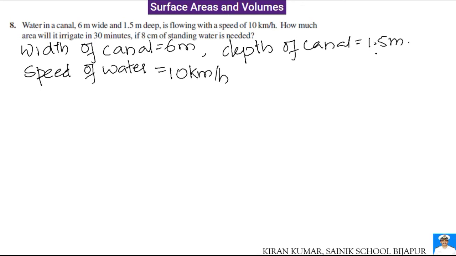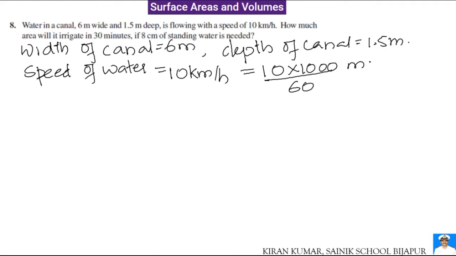Very important thing is the width and the depth is given in terms of meter. So I need to convert this kilometer per hour as in meter per minute. So 10 multiplied with 1000, because 1 kilometer is 1000 meter, divided by 1 hour is 60 minutes.